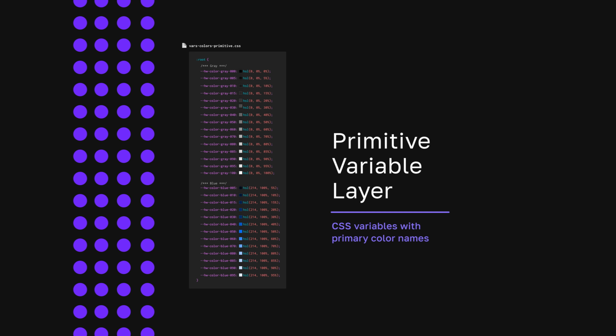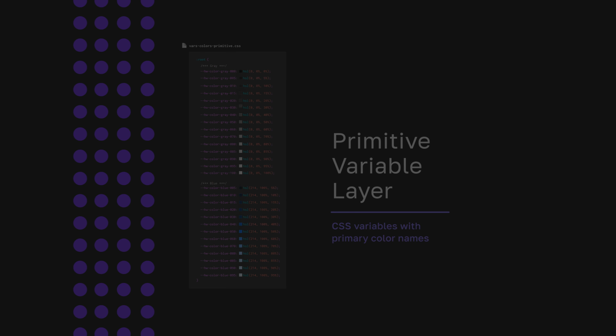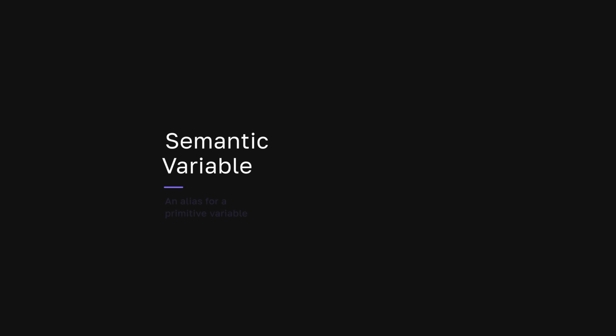But we still need to make our semantic layer so that we can use our colors consistently throughout our system. A semantic variable name is an alias for a primitive variable, a new name that represents how the variable is going to be used in our system. Let's create a semantic variable layer that we will use to designate our foreground and background colors.